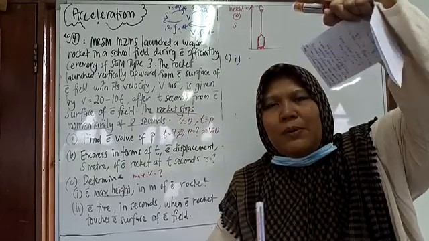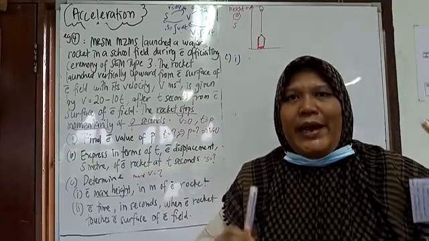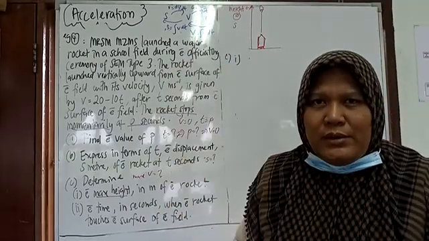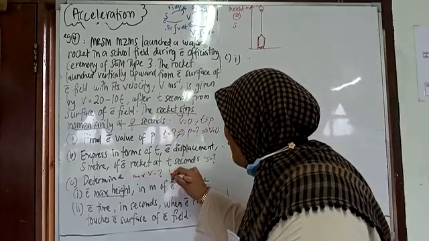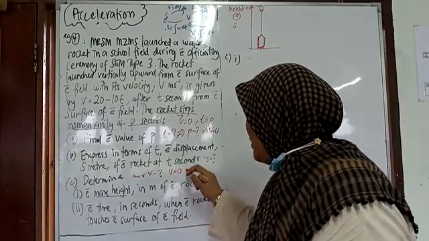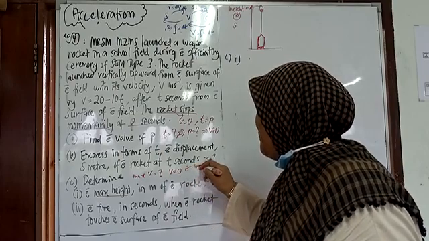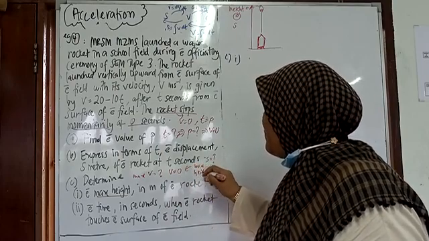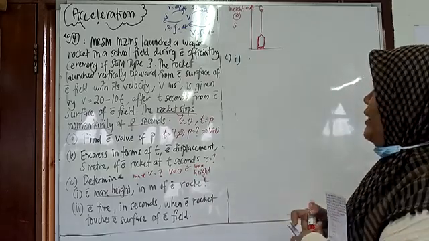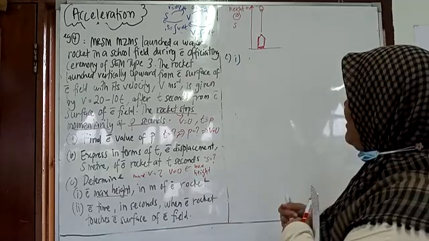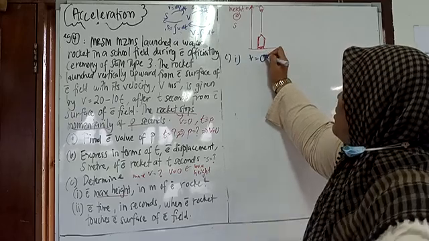So when we talk about stopping momentarily at the peak point, at the maximum height, we are talking about when V is equal to 0, because at this time it has reached maximum height. So in this case, we need to find V equals 0.